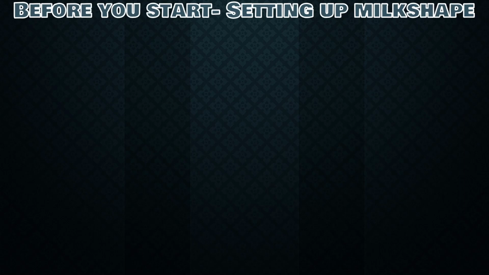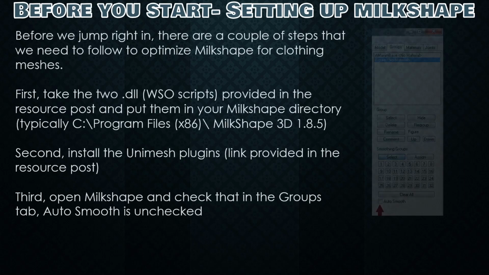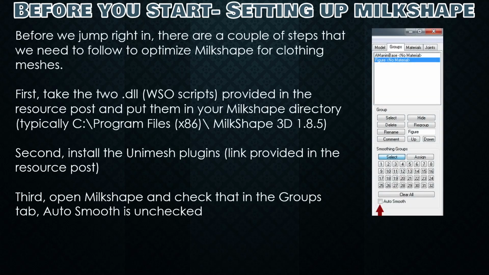Before you start, setting up Milkshape. Before we jump right in, there are a couple of steps that we need to follow to optimize Milkshape for clothing meshes. First, take the two DLL WSO scripts that are provided in the resource post and put them in your Milkshape directory. For me, it's Program Files x86 Milkshape 3D 1.8.5, but it might be different for you.